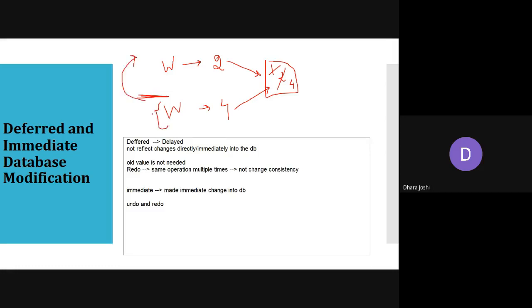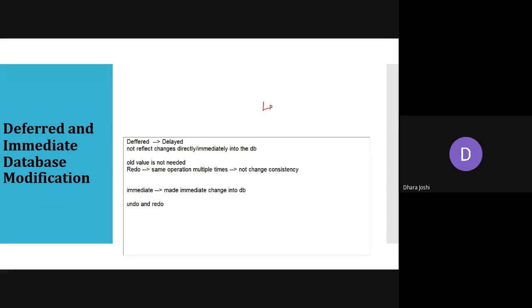We are going to roll back, and this operation we call undo. Undo means whatever changes we have made in the database, we need to delete. So this 4 has not been written previously, so that is not the case, but 1 was written and we changed it to 2. So now we are again in the state where the database has value 1, not 2. We are undoing the operations.